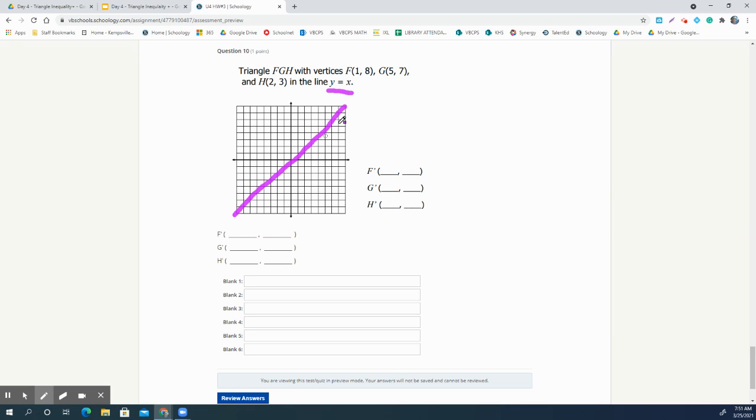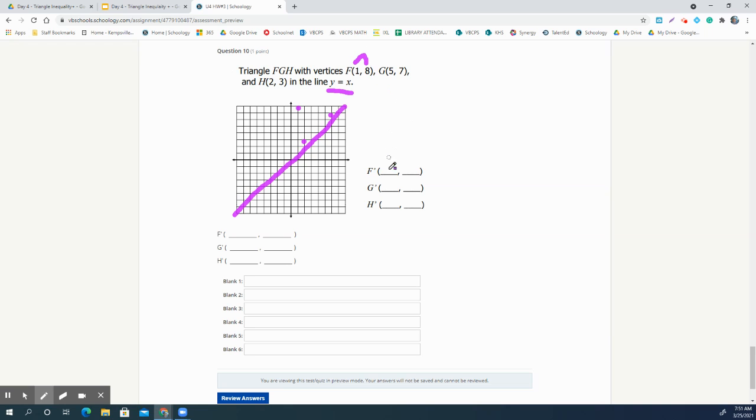So if I plot these 1, 8, and 5, 7, I'm just kind of sketching, and 2, 3, and I reflect them down here, all of them are going to still end up in this first quadrant. All I'm going to do is switch the x and the y. So you just switch the x and the y.